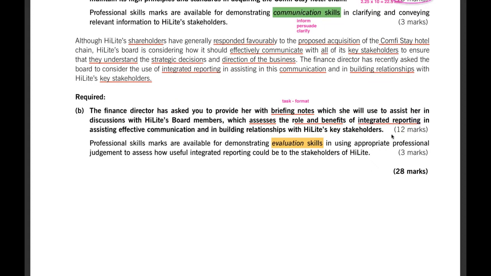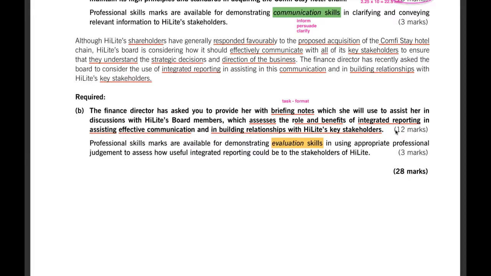All right, it's not just simply a general role and benefits of integrated reporting, but it has to be related directly in assisting effective communication in building relationship with Highlights key stakeholders. Okay, so this is what you're supposed to be doing. How many marks? 12 marks.